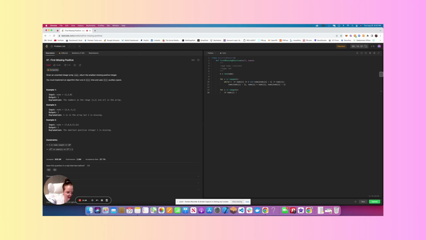I'm going to hope that's right, because I do want it to return the index plus 1. Then I can just do return i plus 1. Then all we have to do is return n plus 1.